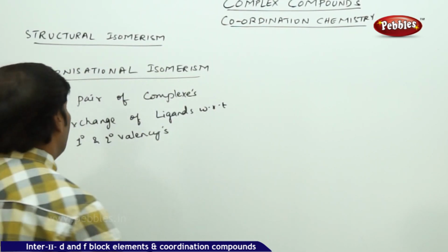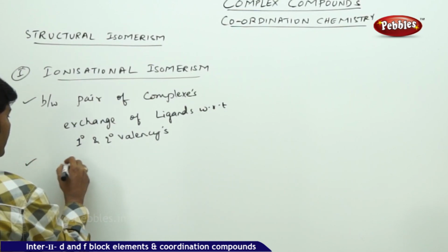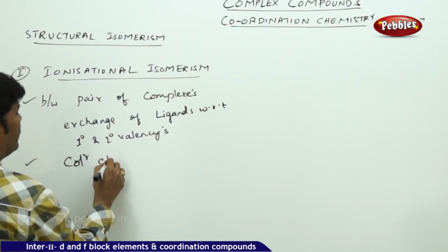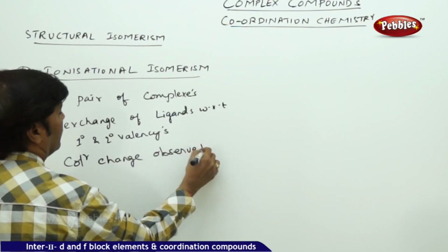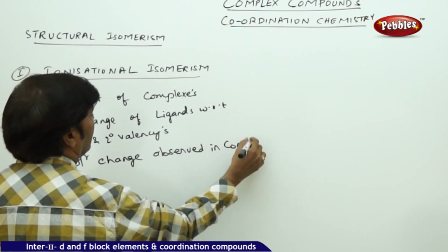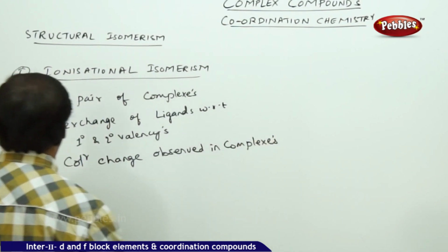It occurs, and because of this there is a color change. You find that a color change is observed in the complexes.